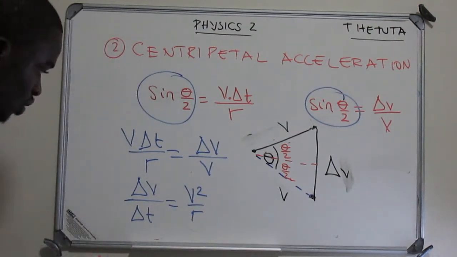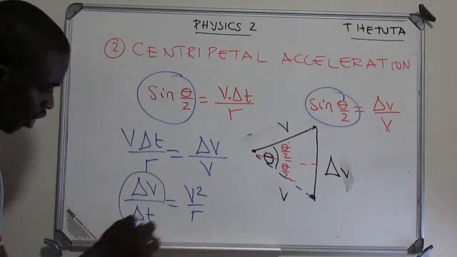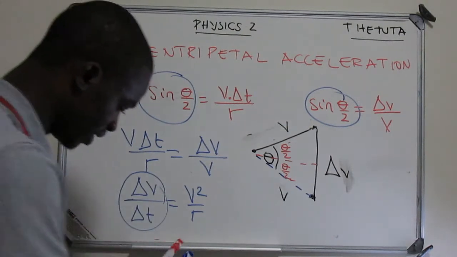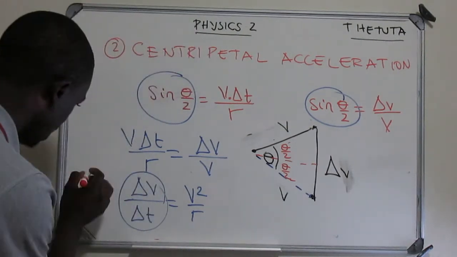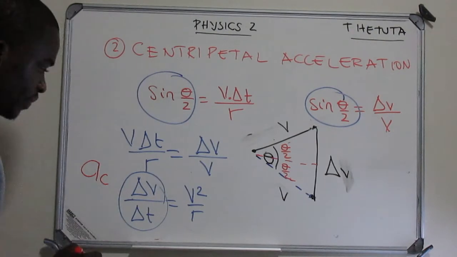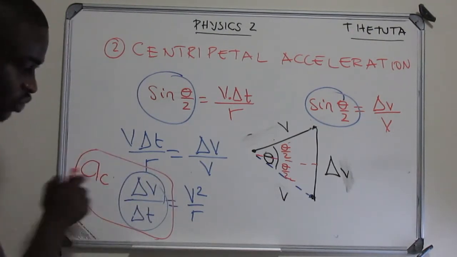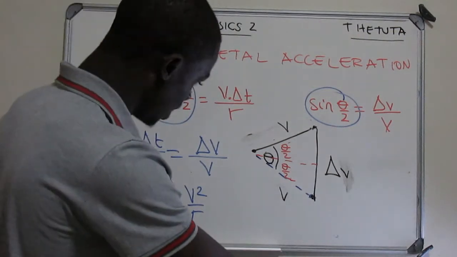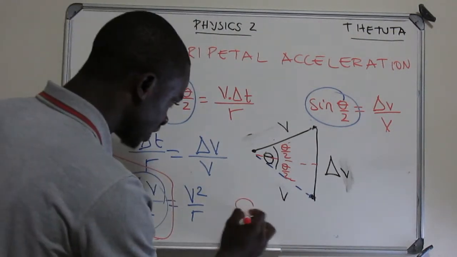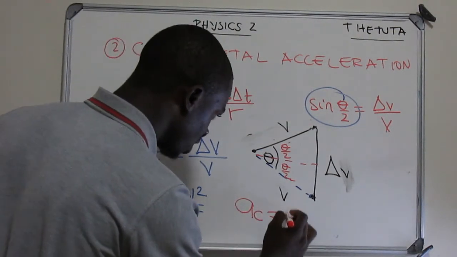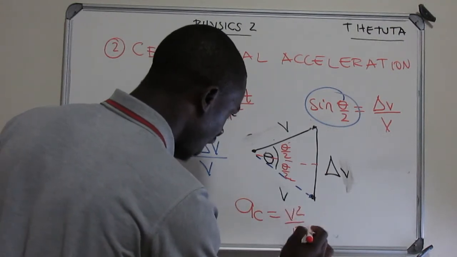This is our centripetal acceleration. Centripetal acceleration is the change in velocity over the change in time, as we stated in another definition, and therefore our centripetal acceleration will be given by the velocity squared over r.